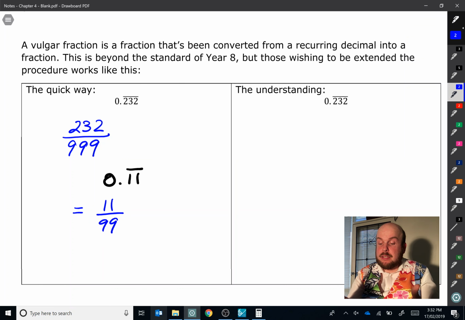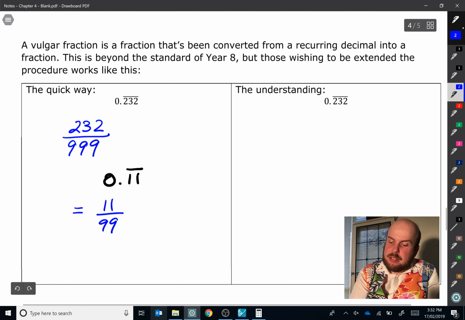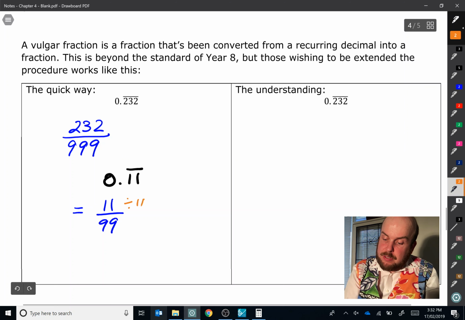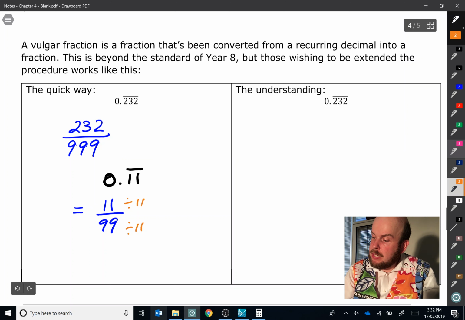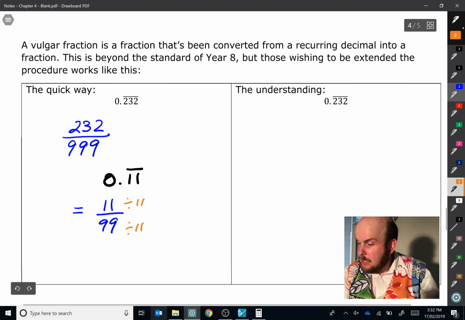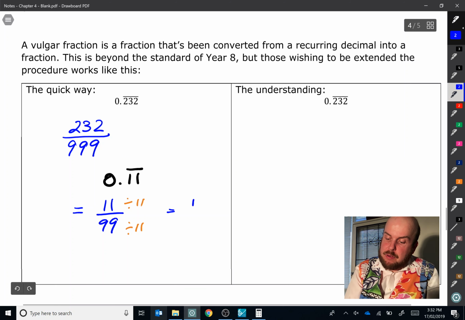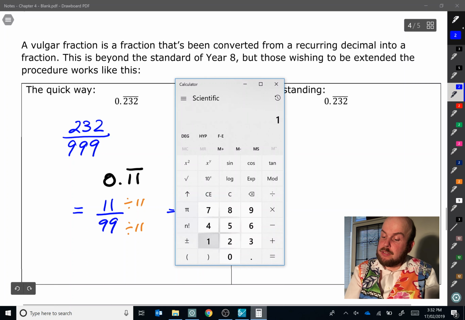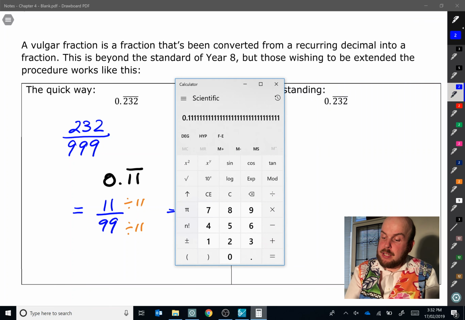And then we can see, can that be simplified? Well, yes, because 11 and 99 are both divisible by 11. So we'll divide by 11, divide by 11. Sorry, not 1 over 11, silly me. That would be 1 over 9. So we've got 1 divided by 9, and then we get 0.11111.